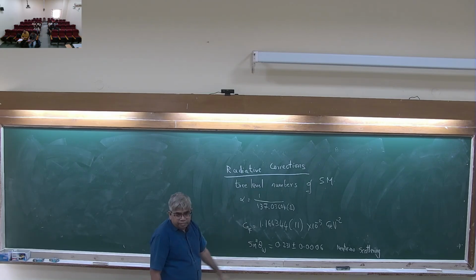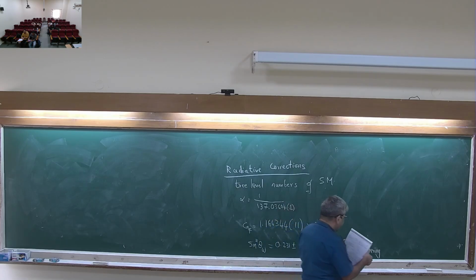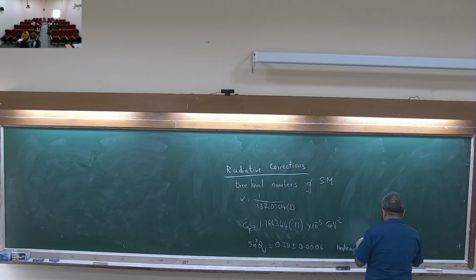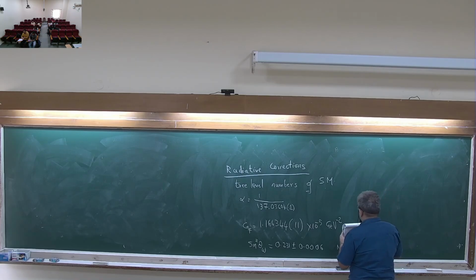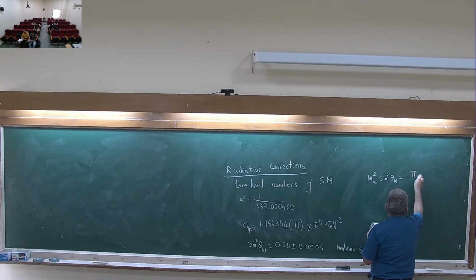Now put these numbers and calculate MW and MZ. Do you know what is MW square sin square theta W equal to? Alpha by root 2 GF.